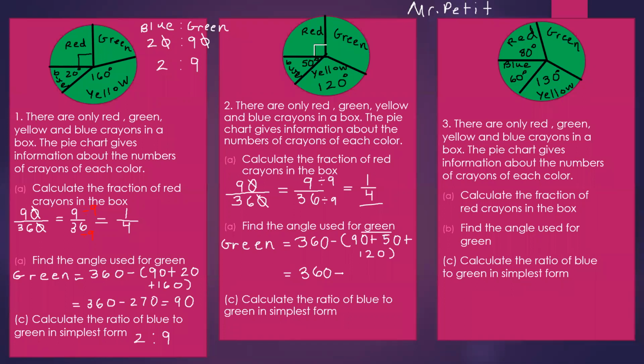So we have 90 plus 50, which is 140, plus 120, that's going to be 260. And obviously 360 minus 260 is definitely 100.